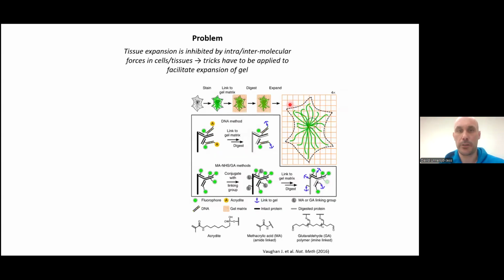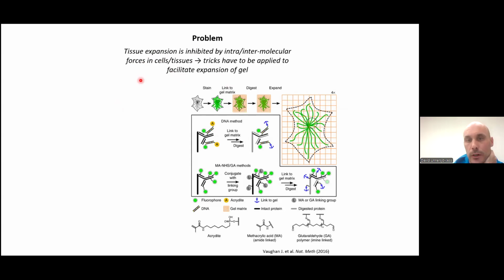Okay, but in order for this to work, we have to solve one issue. If you try to pull a piece of meat apart, you know that you have some forces there inhibiting you from doing so. So you have internal forces inside cells and inside tissues that will inhibit expansion.